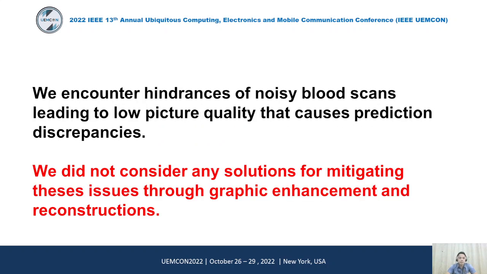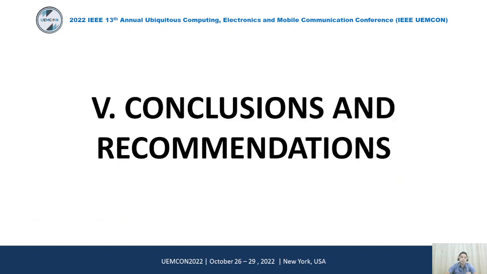Of course, we encountered noisy blood scans, which have low picture quality and cause prediction discrepancy. We did not consider any solutions for mitigating these issues, such as graphic enhancement and reconstruction.